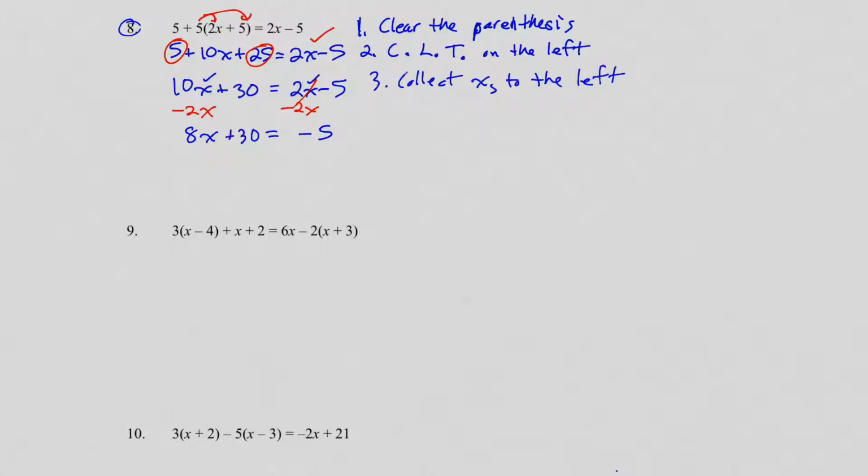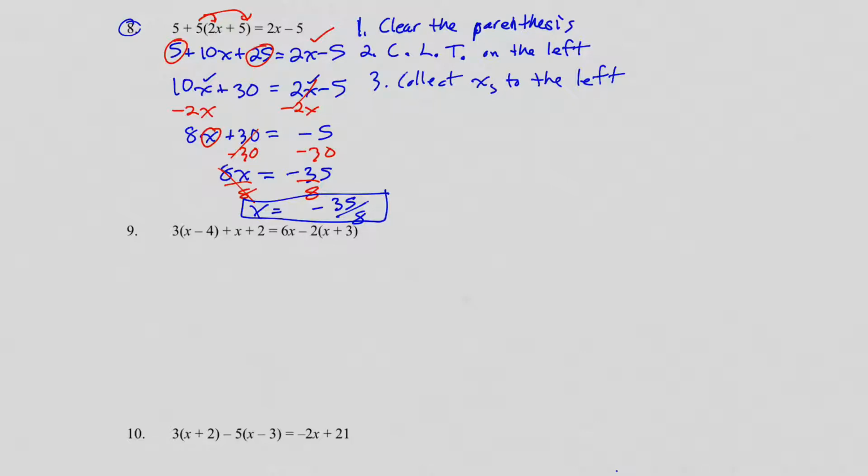So we're just isolating this x here. So let's get this 30 out of here. That gives me negative 35, divide by 8. And now we get negative 35 over 8. Okay, an improper fraction.